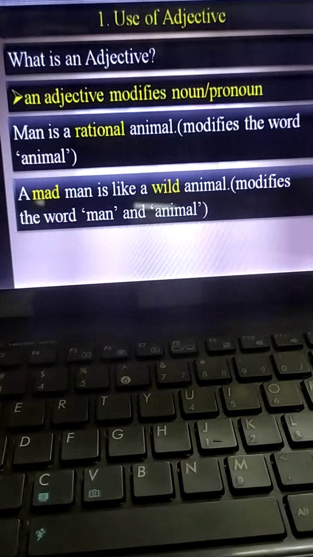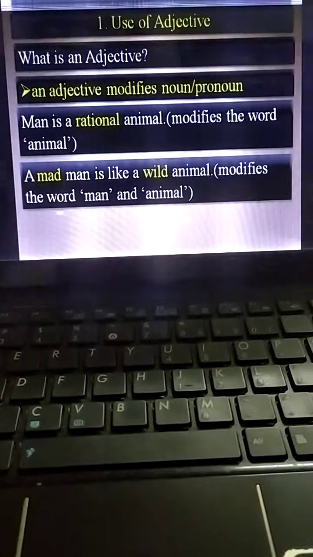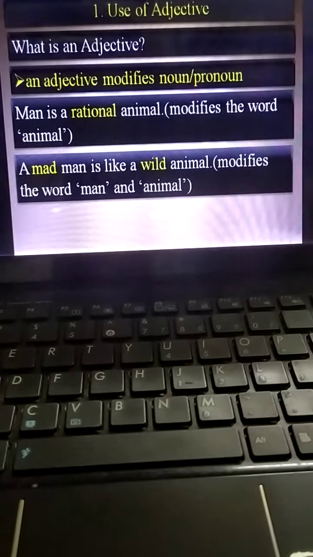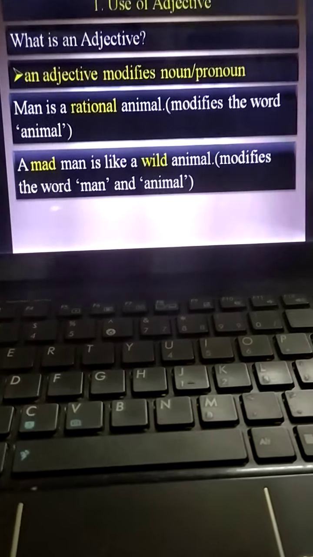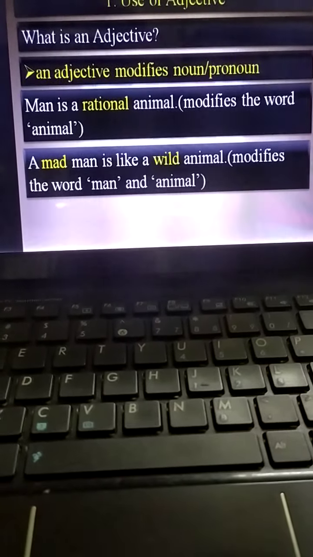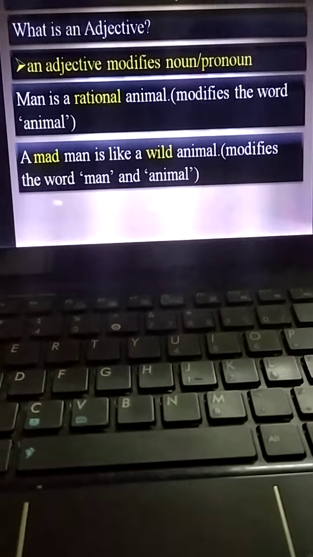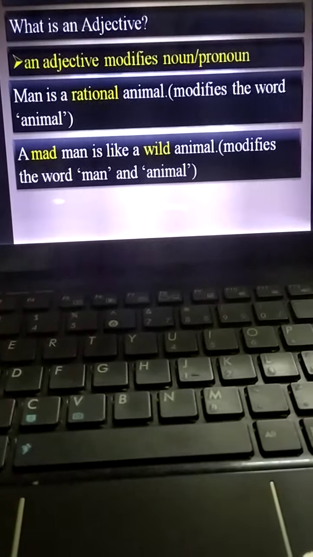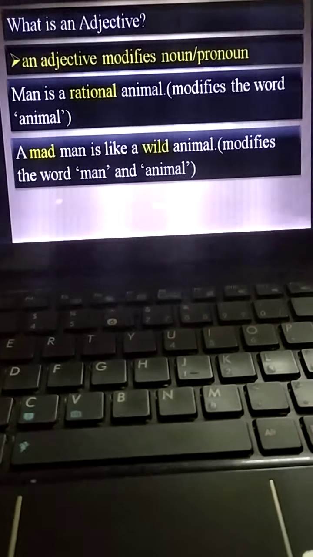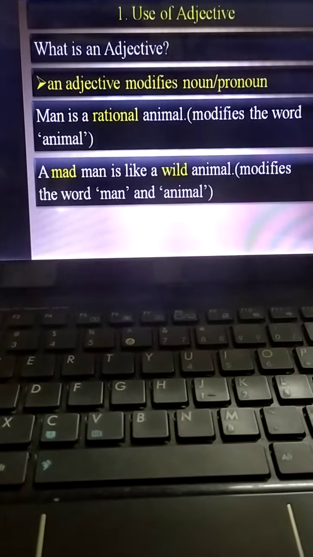Next, another example, very simple, don't worry. A mad man is like a wild animal. Here the word mad is an adjective, it modifies the word man, and wild is an adjective, it modifies the word animal. Man is a noun, animal is a noun. Therefore, an adjective can modify a noun or pronoun.